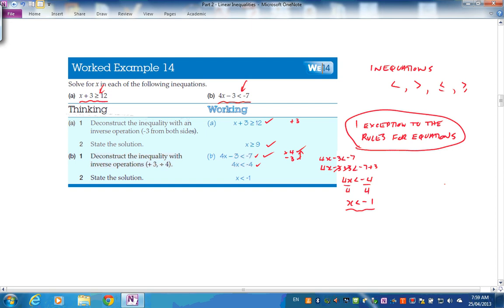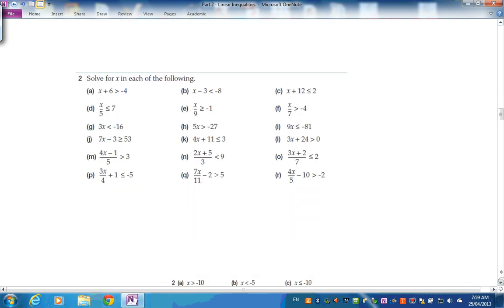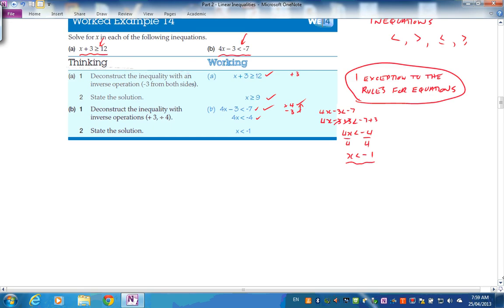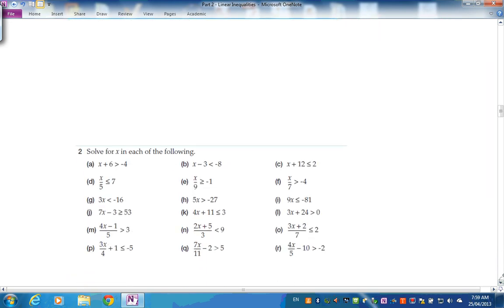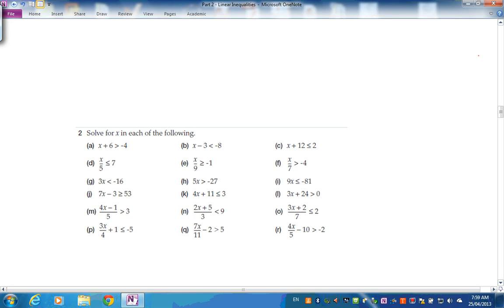So again, I've taken Pearson's exercises step by step, each worked example separated from the other one. So let's come down and have a look. Using the same steps now as solving equations.